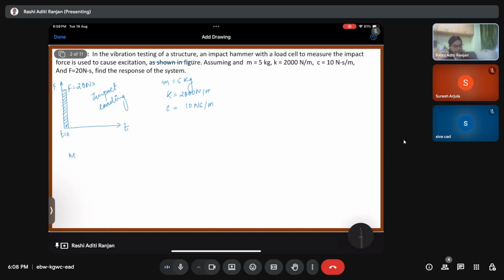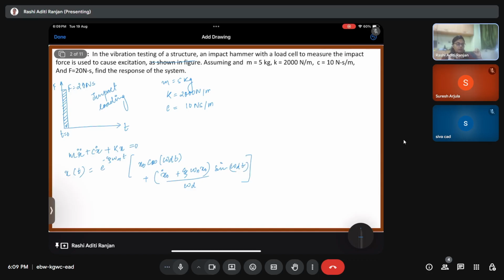For a system of the form m x double dot plus c x dot plus k x equals 0, we had the solution x of t as e to the power minus eta omega n t into x naught cos of omega d t plus x naught dot plus eta omega n x naught divided by omega d into sine of omega d t.